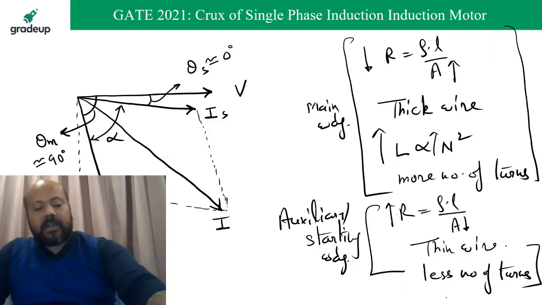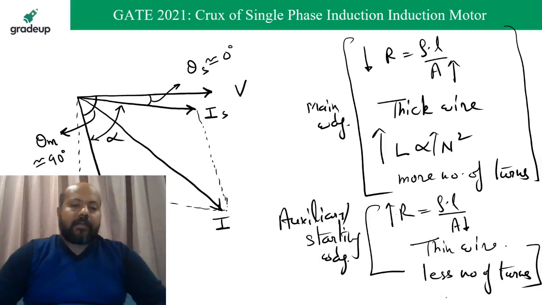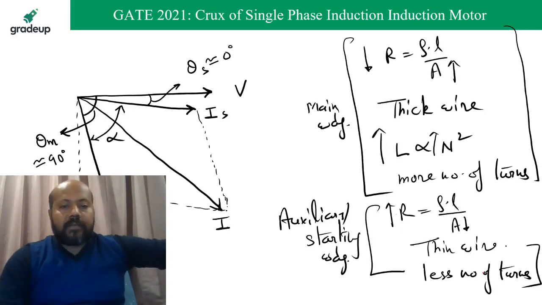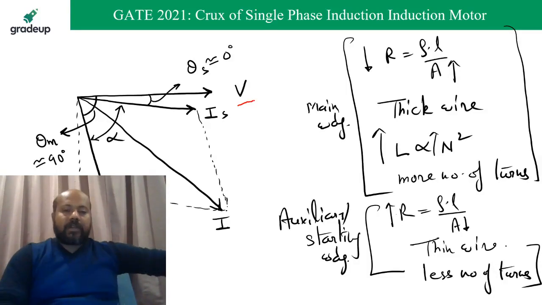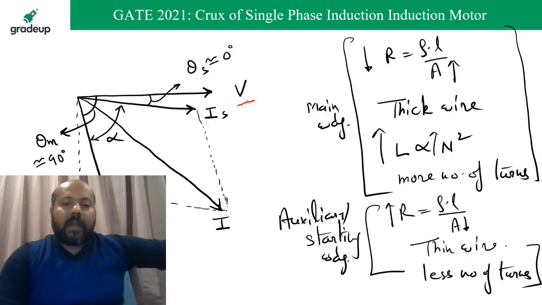Let us see this phasor diagram to understand it better. You can see that this is going to be the supply voltage phasor. Now this supply voltage phasor is being taken as a reference. As we have said, the main winding current is going to be highly reactive.